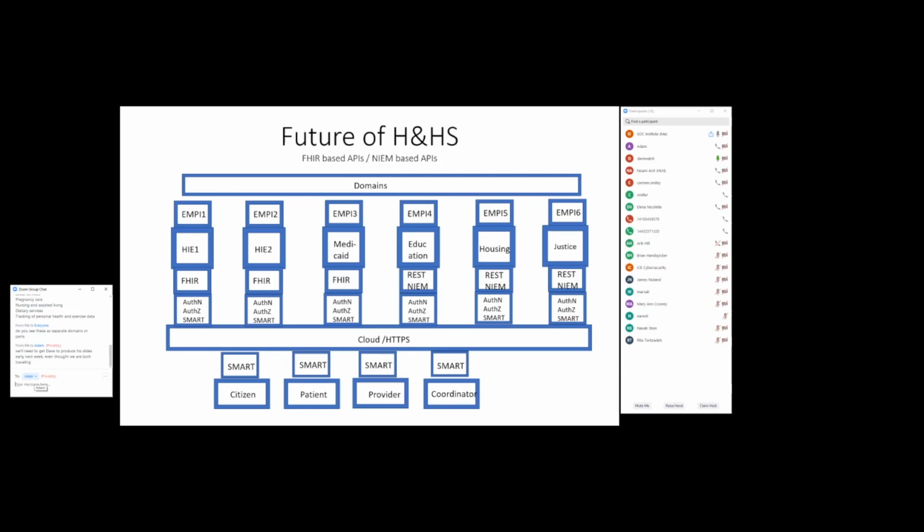So, I see things a little differently than you do in terms of is SMART relevant, because my mind thinks, well, SMART is really OAuth 2 and some other goodies in there, and that's what's used for the authentication and the authorization.